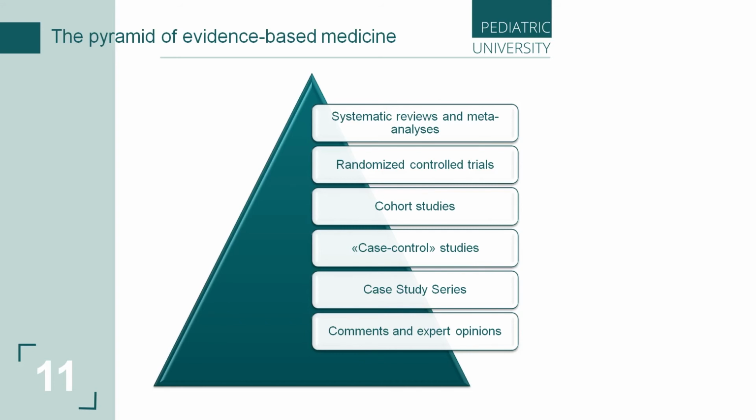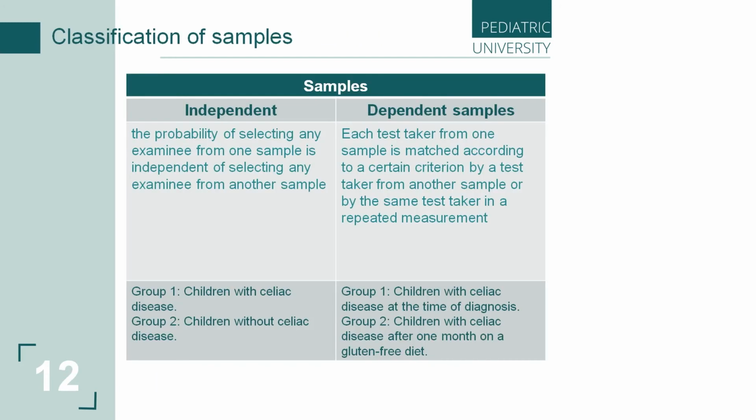To choose the right research method, we need to know the classification of samples and the classification of data. Samples may be independent and dependent.